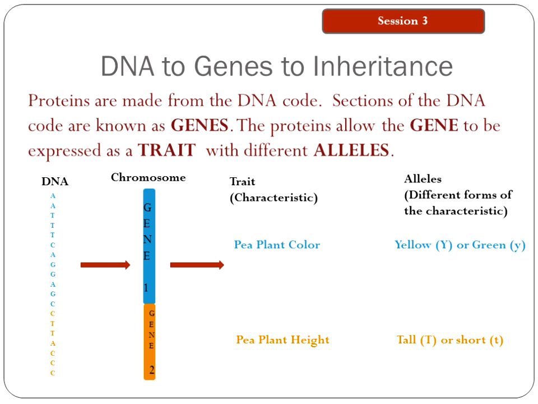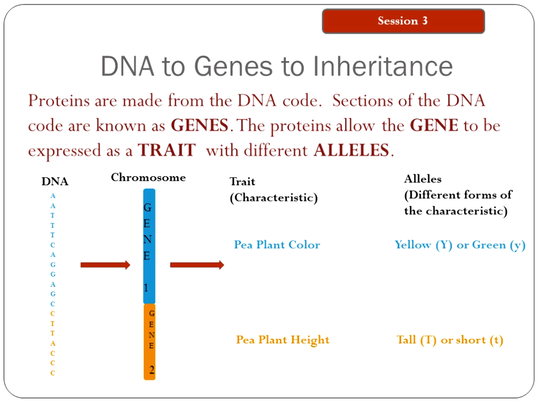All right, so now let's talk a little bit about how the DNA equates to what we see and what the traits are of an organism. So inheritance, basically your genetic inheritance. So proteins, again, are made from the DNA code, and each section of the DNA code is known as a gene. So in this particular case, here's the nitrogenous base sequence.